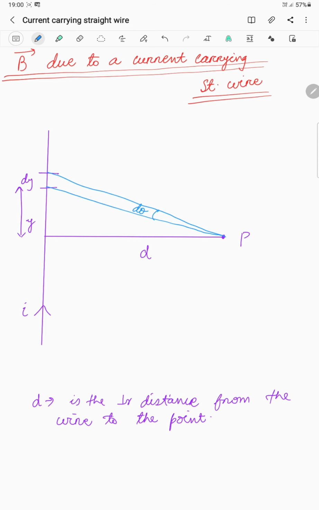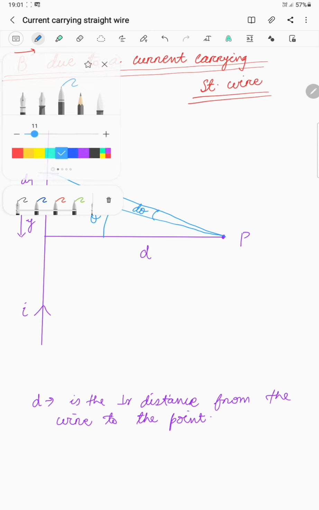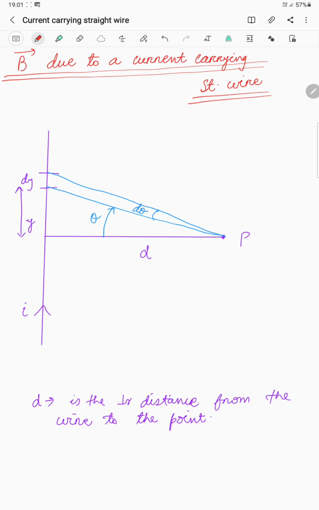Now we will go for angle theta 1 and theta 2. Let us assume that this dy element makes an angle theta with the perpendicular. This angle is theta. Then we will join the two ends of the wire and name the angles theta 1 and theta 2. This angle will be your theta 1, and to the base we will join, which will be your theta 2.